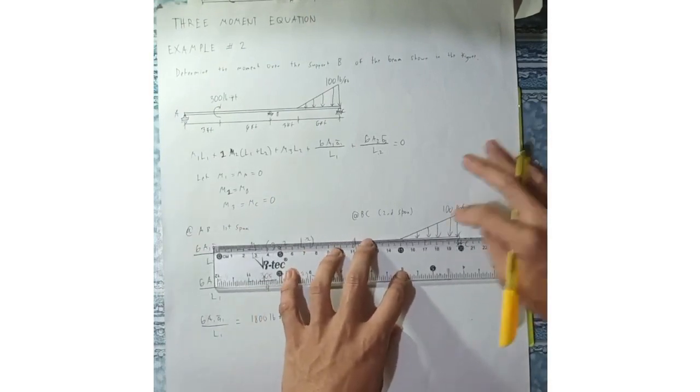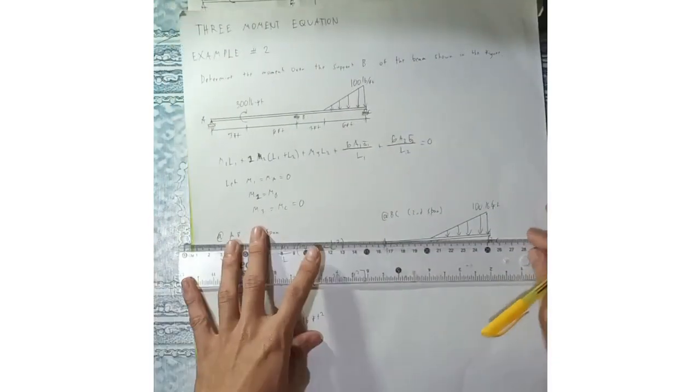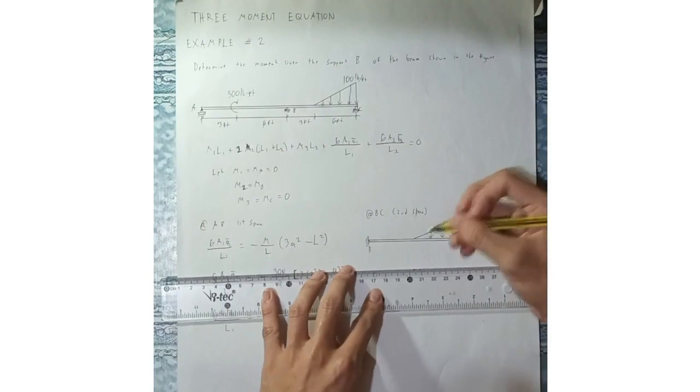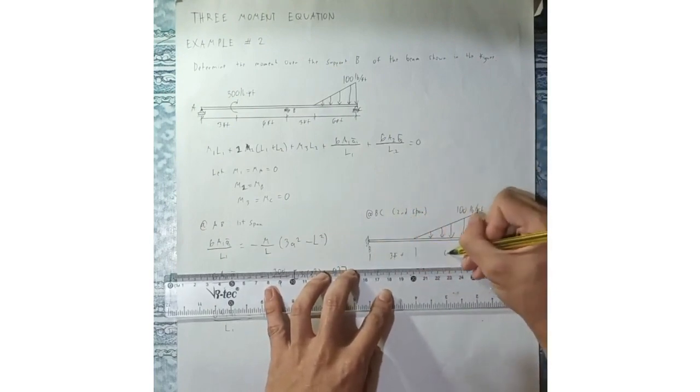So kuha lang na tong L minus X dire para dili siya trapezoid. Ito mag-lisod, 3 feet here, 6 feet.